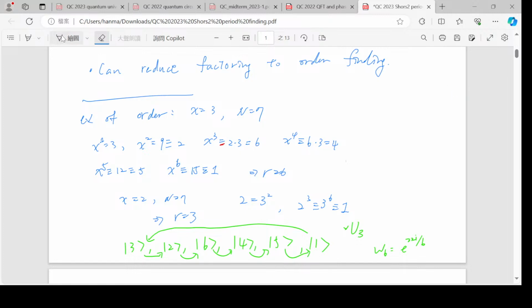Let's try to list all 6 here. So our 6 eigenvectors here are U0 equal to 3 plus 2 plus 6 plus 4 plus 5 plus 1.